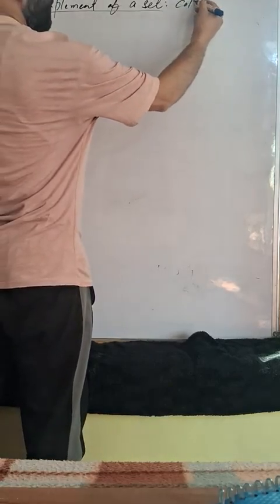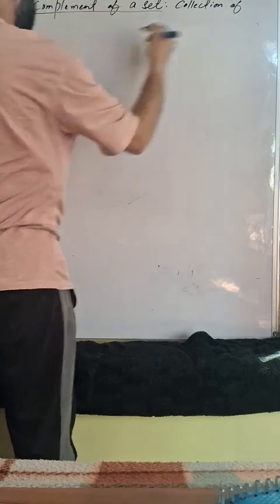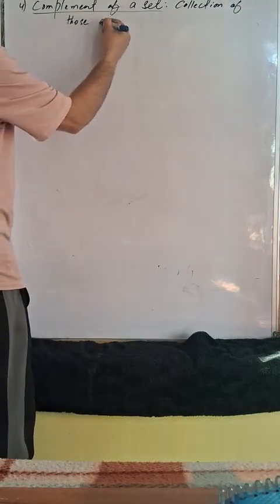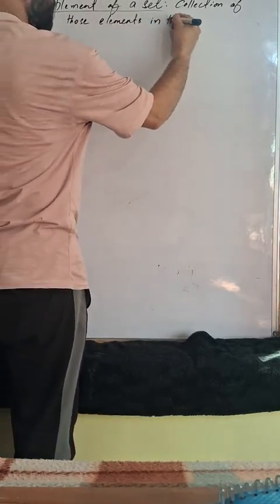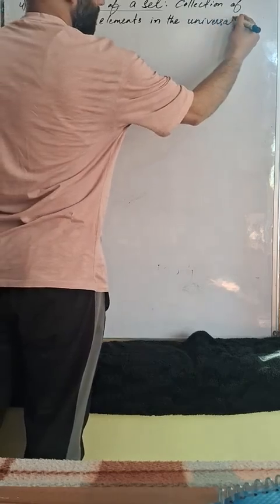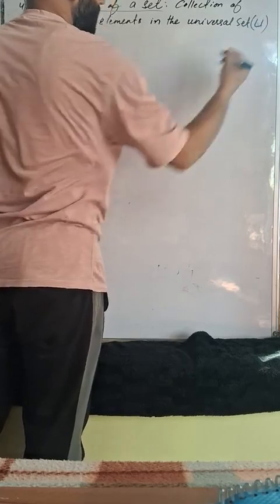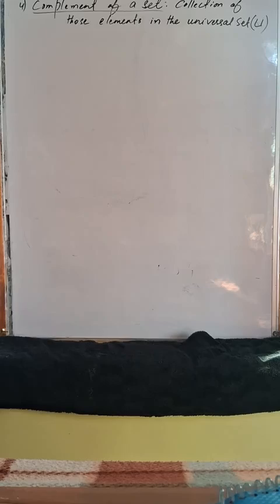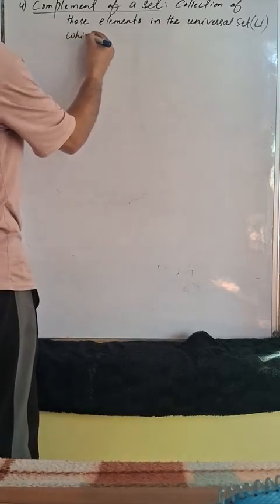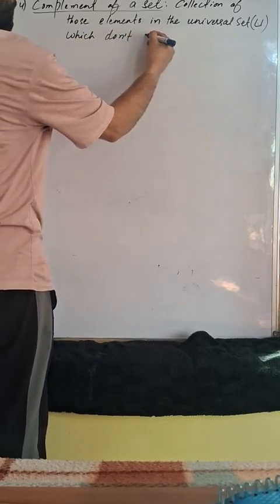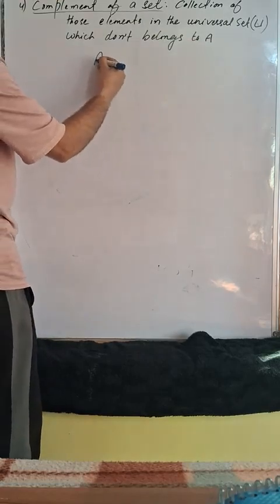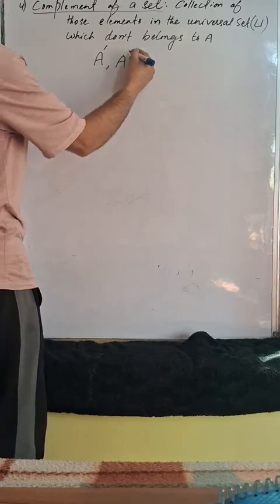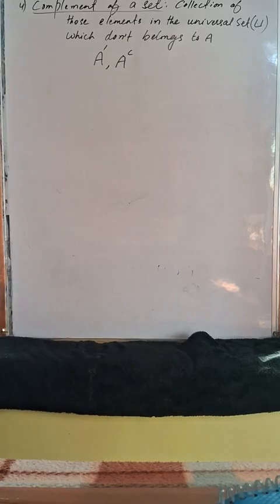It is the collection of those elements in the universal set which do not belong to A. It is denoted by A bar or A complement.